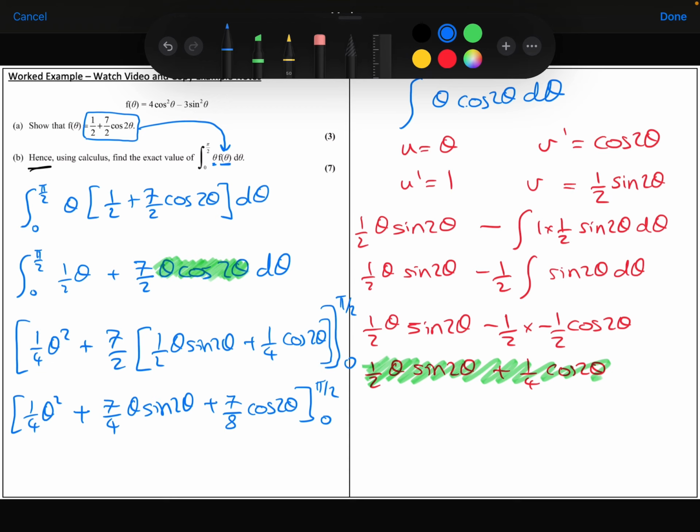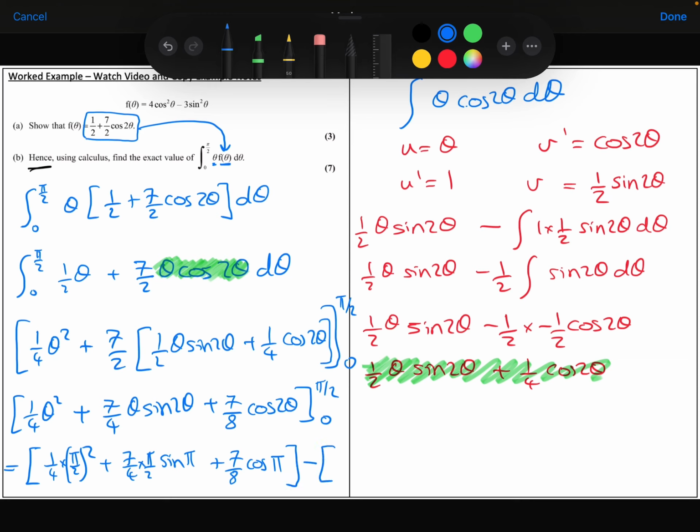Right, let's substitute the pi/2 in first of all then. So we'll get 1/4 times pi/2 all squared, plus 7/4 times pi/2 times sine of 2 times pi/2, which is pi, plus 7/8 times cos of 2 times pi/2, which is pi.